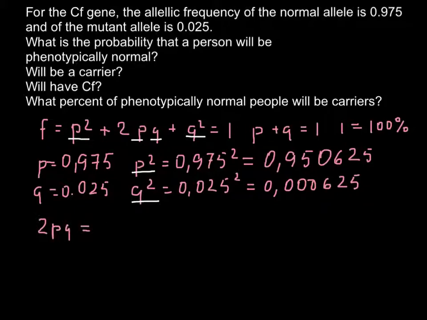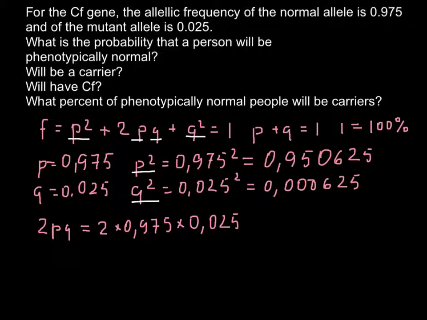So this is going to be 2 multiplied by p, that is 0.975, and multiplied by 0.025, this is q.